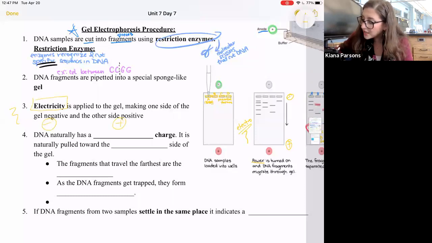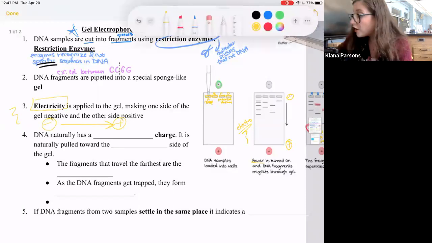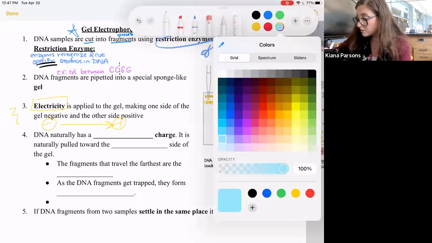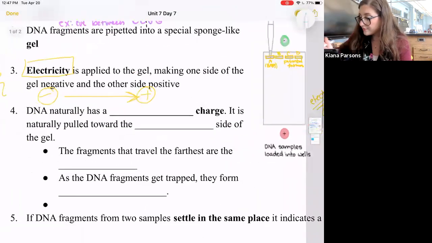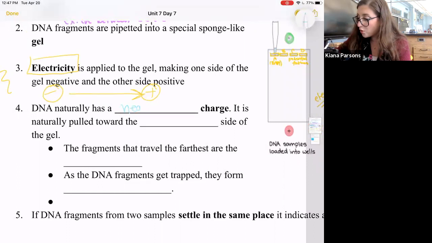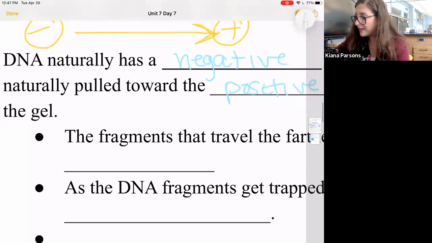And the DNA is going to move from negative to positive charge, which means it's pulled towards the positive end because opposites attract, baby.